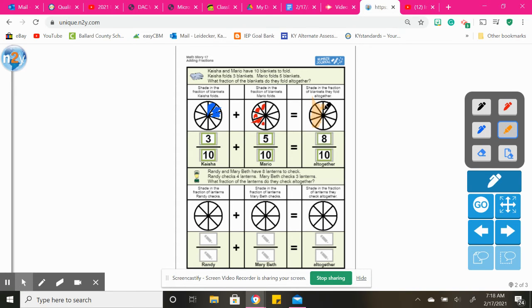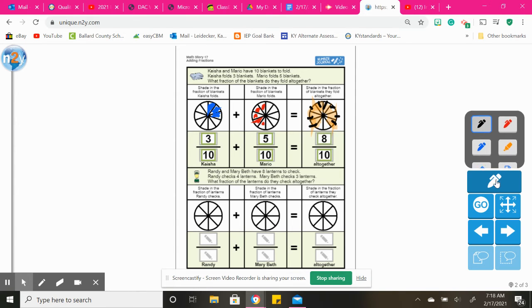And then Keisha folded the 3. 1, 2, 3. So then that's 1, 2, 3, 4, 5, 6, 7, 8. Okay, so 8 out of the 10 blankets were folded.